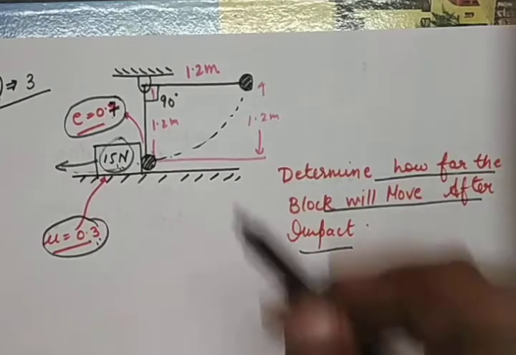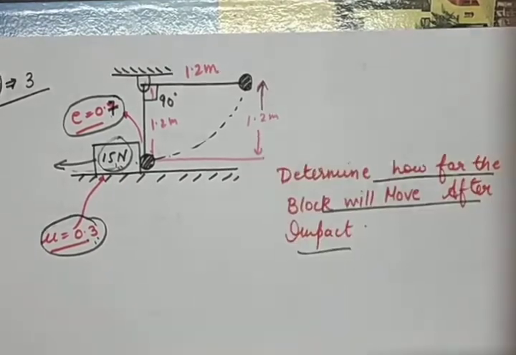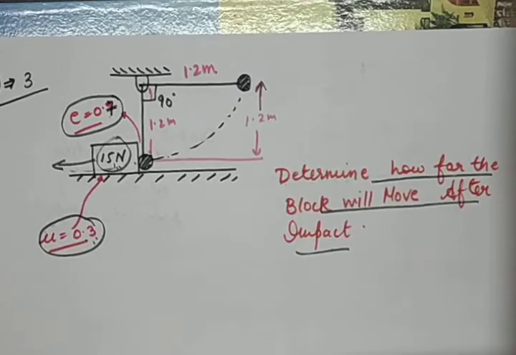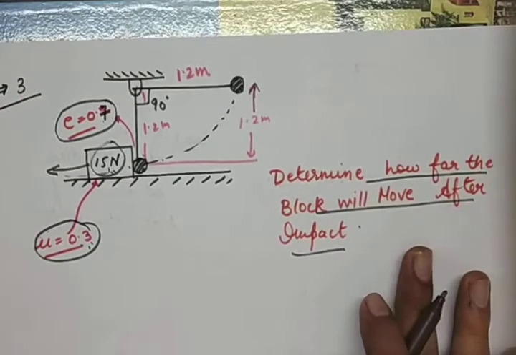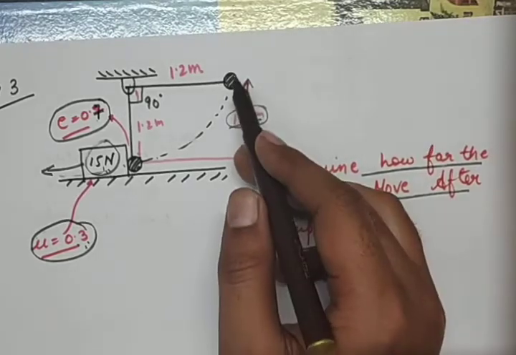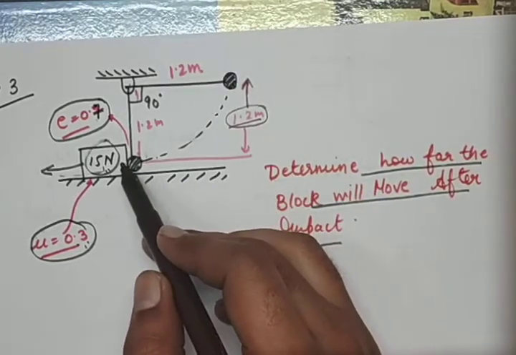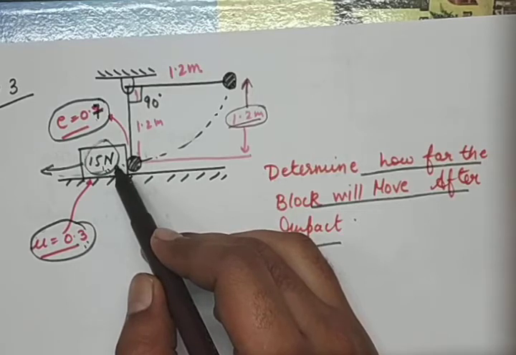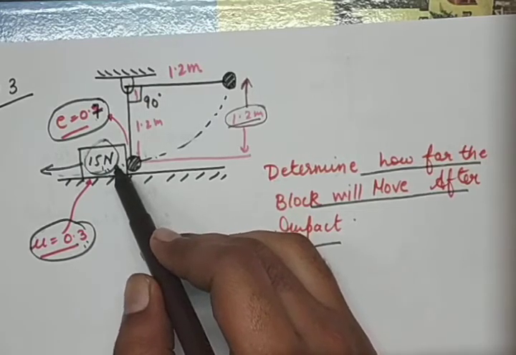Then, when this height is given, you can find out the velocity with which it will hit this block, the 15 Newton block.